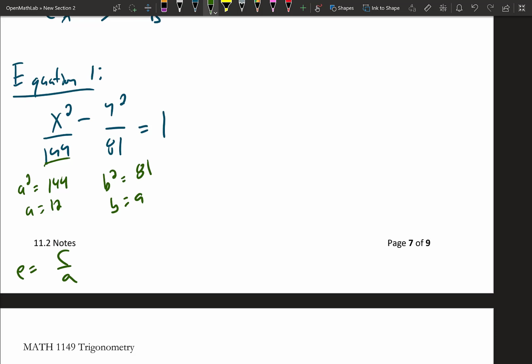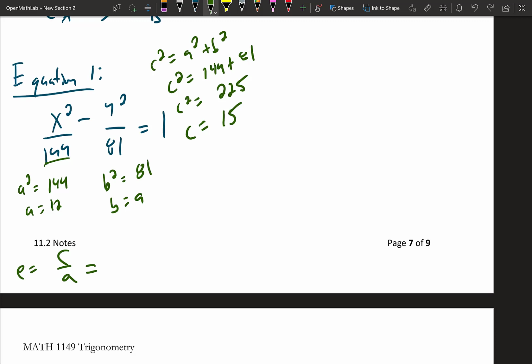So c squared is equal to a squared plus b squared, which we would have c squared equals, not 12, we would have 144 plus 81, a squared plus b squared, which gives me 225. If I take the square root of 225, we get 15. So c is 15, and the eccentricity for equation 1 would be 15 divided by 12, which reduces down to 5/4.